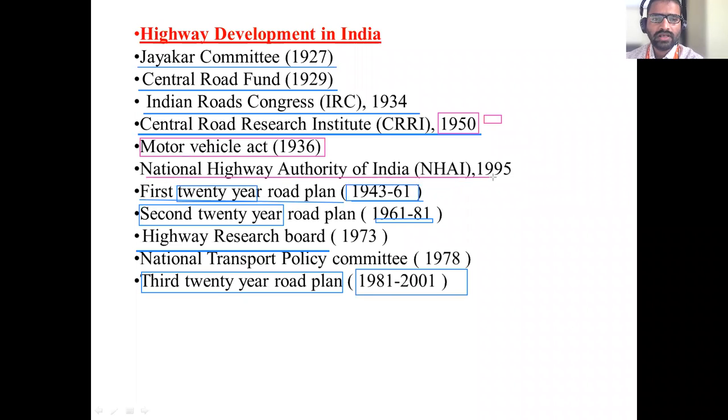Next, National Highway Authority of India, NHAI, 1995.